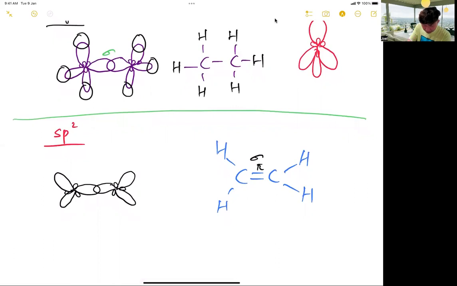Then I have the unhybridized p orbital. Right, the black one is your sp2 hybrid orbital.